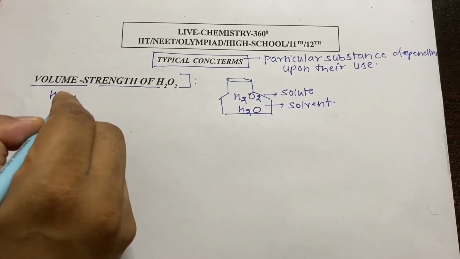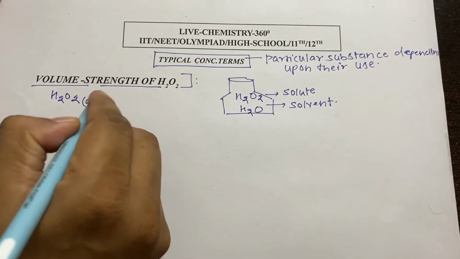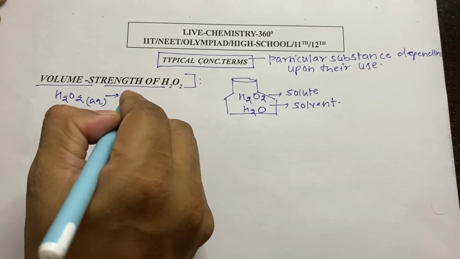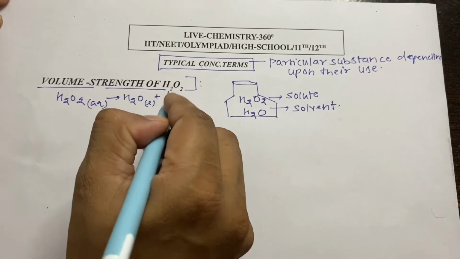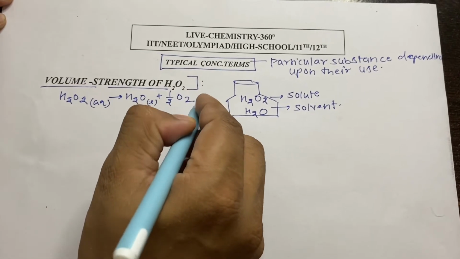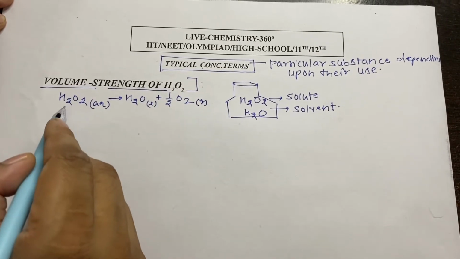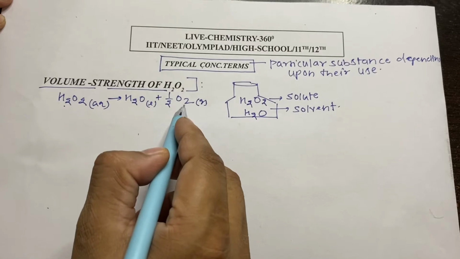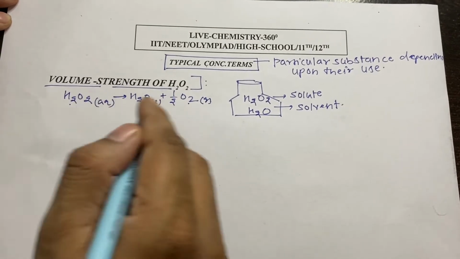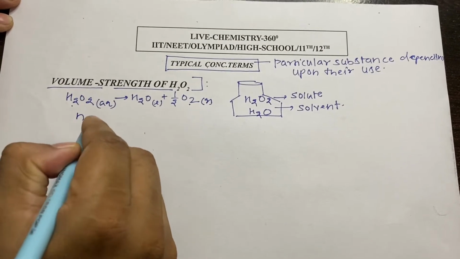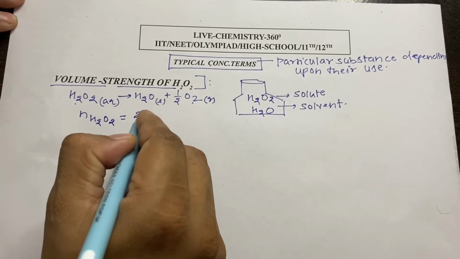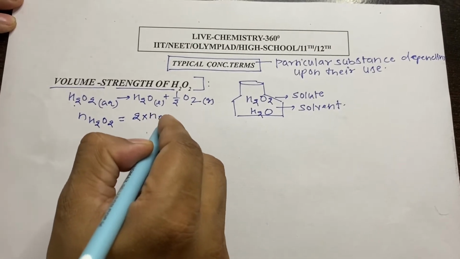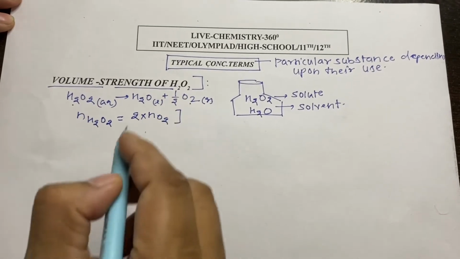H2O2 aqueous on decomposition gives H2O plus half O2(g). Very obviously, 1 mole of H2O2 will give half mole of O2. So the moles of H2O2 will be twice the number of moles of O2 from this equation.